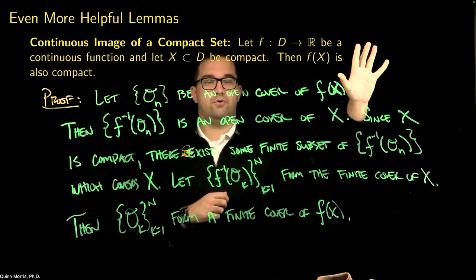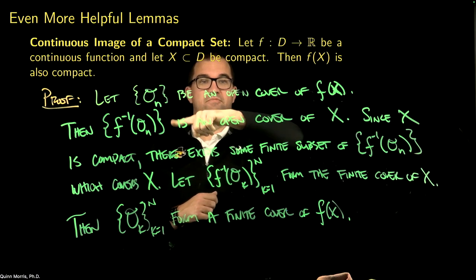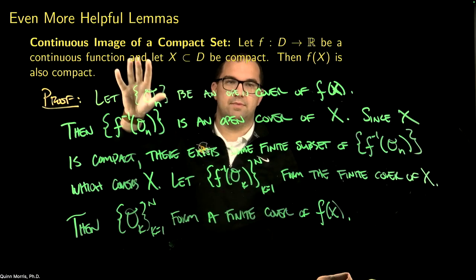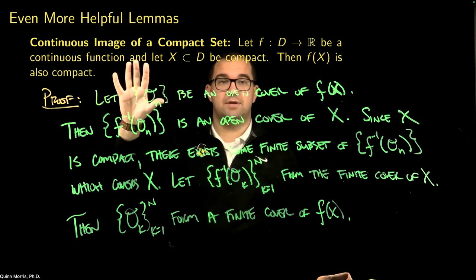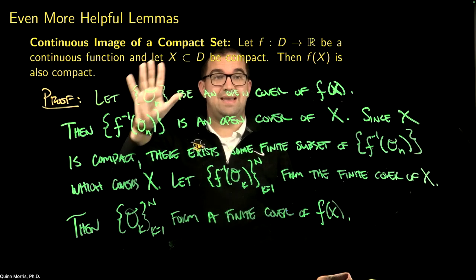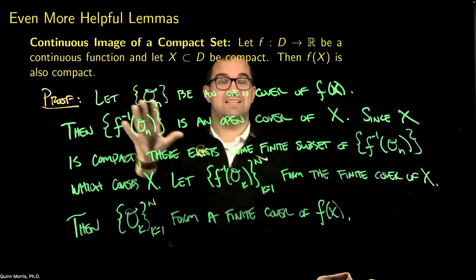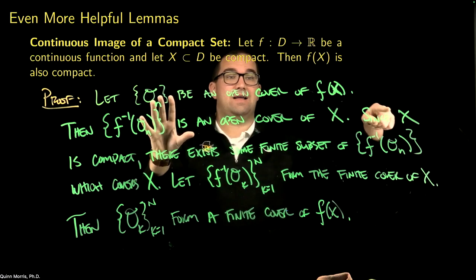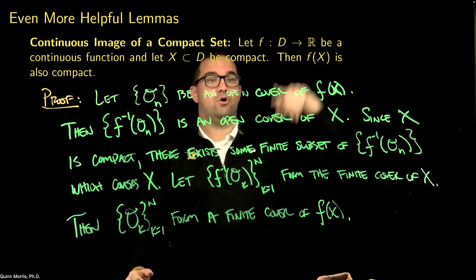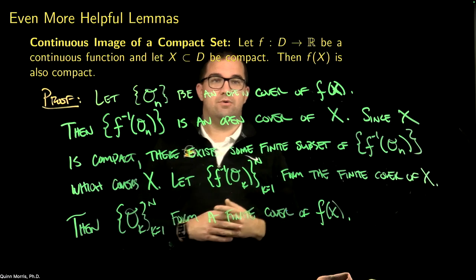You take an open cover of your image, you take the preimage, it might not be an inverse function, and that gives you an open cover of the subset of your domain X. Since it's compact, you take its finite subcover, and then you map that finite subcover forward, which gives you a subcover of your original open cover, which is exactly what you needed to show f of X was compact.